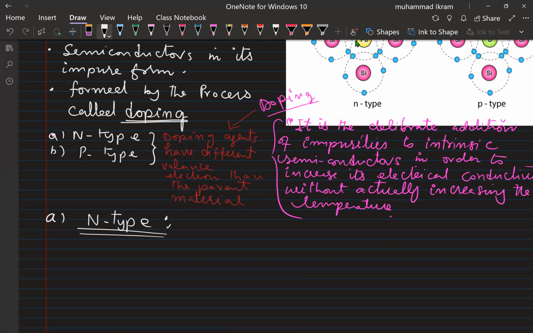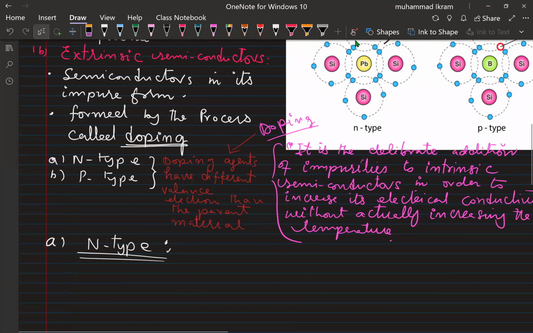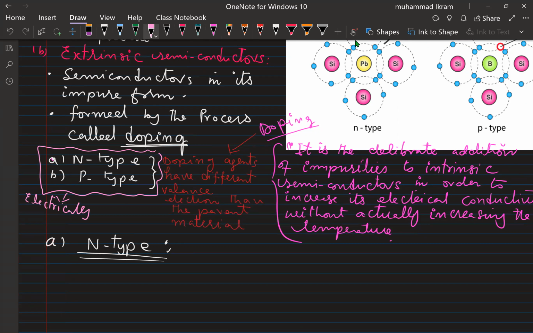Class, remember one important point, that both the N-type and the P-type substances are electrically neutral. They both are electrically neutral.